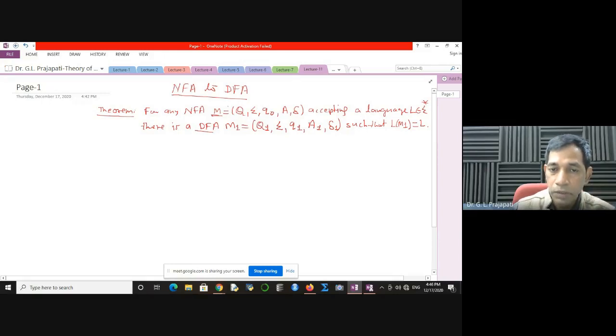You need to think about the states of the DFA, and that there is some initial state in your DFA and some final states, and you need to define the transition function of the DFA. So how can we construct these states and transitions for the DFA?